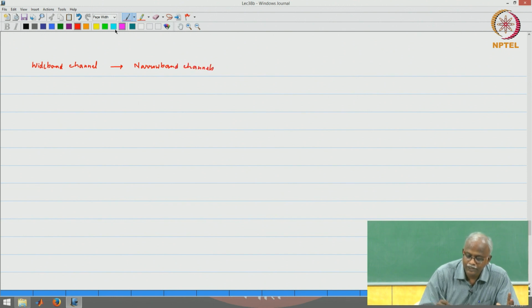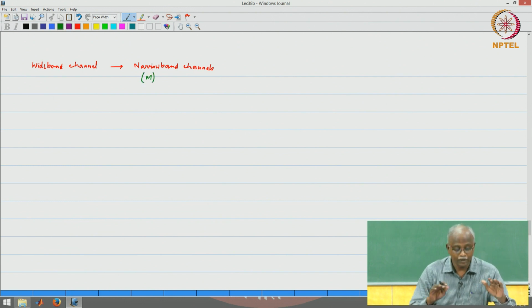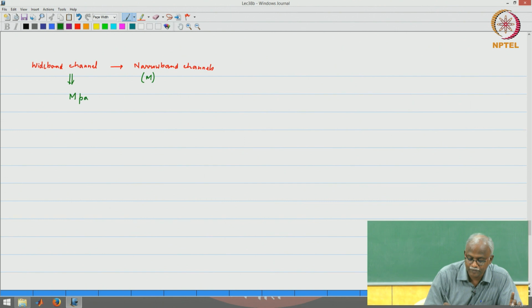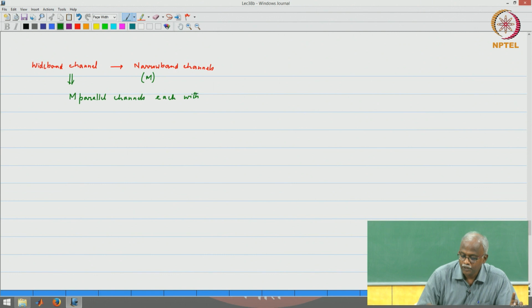The number of narrowband channels is M, and we make sure that the transmission happens with redundancy. When we use the OFDM based structure, this becomes M parallel channels, each with different SNR.